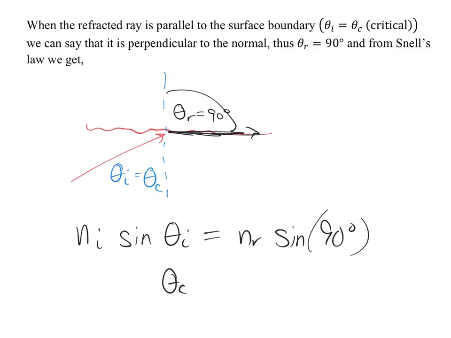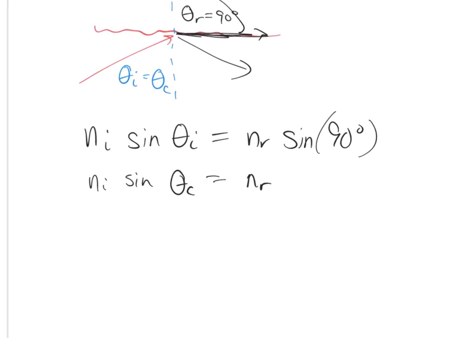It is critical in the sense that anything beyond that will continue to cause total internal reflection. This allows us to solve, because what's the sine of 90? It's 1. So we can solve for the critical angle and come up with a rule to give us the critical angle for any two materials.